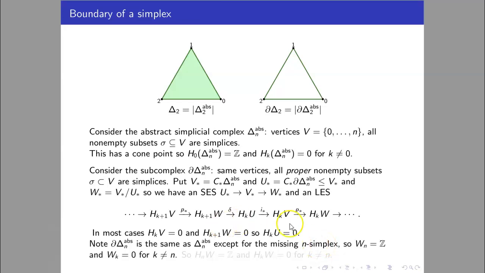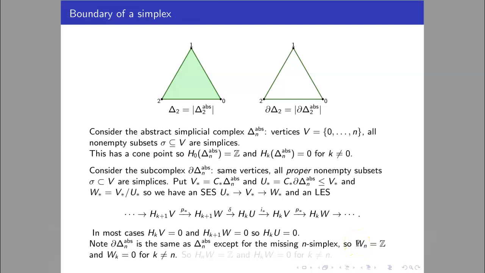So W_k is 0 mostly, except that there's this missing n simplex, which gives us an extra generator for V_n that's not present in U_n, so we just get a copy of Z as W_n. So W_n is Z, and all the other W_k's are 0. And of course that forces the differential of the complex W to be 0.